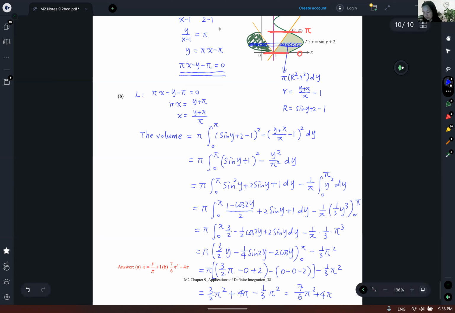The 17th is the M2 test. And the revision test is on the 24th. Now this revision test does not count, so we'll find another day then.